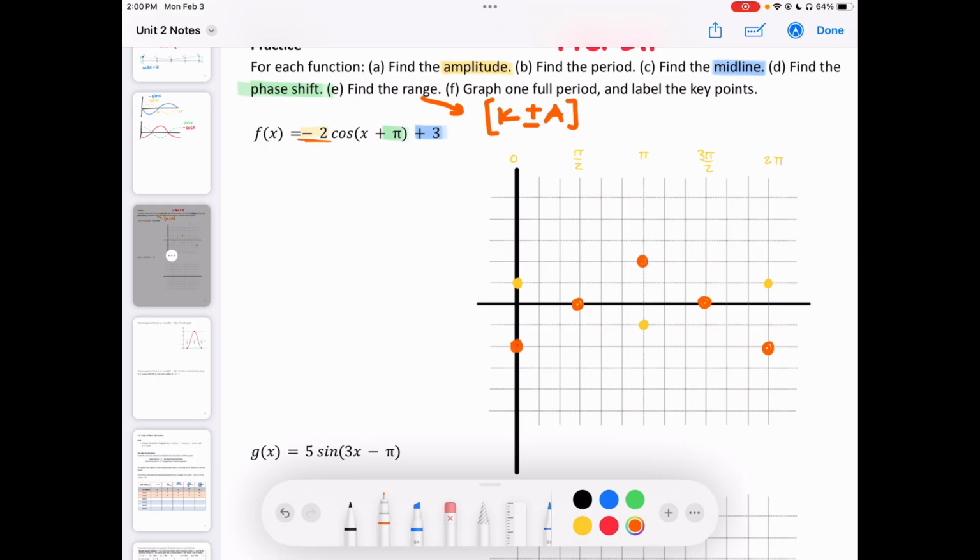I have flipped and stretched. I will very briefly draw that so you can see it, but I might delete it so it's not messy. Okay. That's what it looks like. Pause here if you need to write that down.